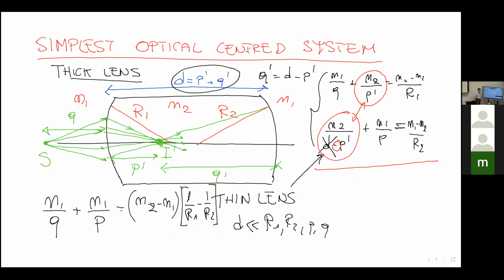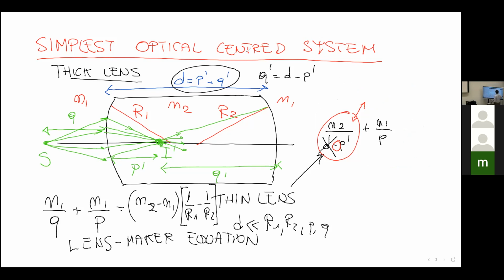So you get the so-called lens maker equation. That is the equation that was used in the Middle Ages to fabricate lenses. You can write it in a different form.